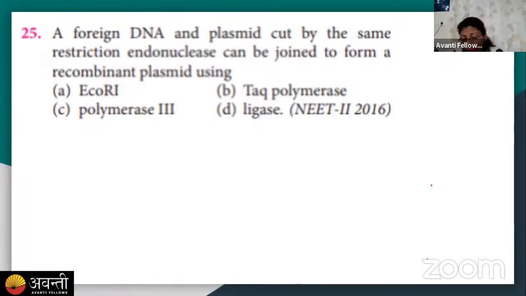Please give your answer. JNV Yadagiri, please give your answer as fast as possible. Which enzyme out of these four do we use to join the two different fragments of DNA? Option A, EcoR1, option B, Taq polymerase, option C, polymerase 3, and option D, ligase.